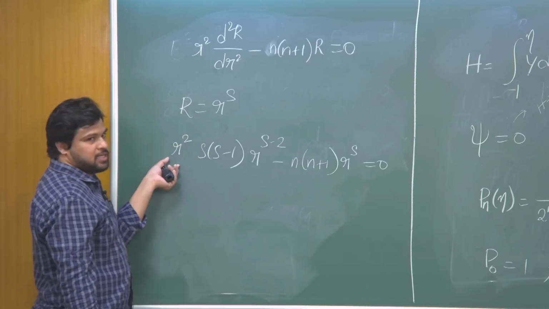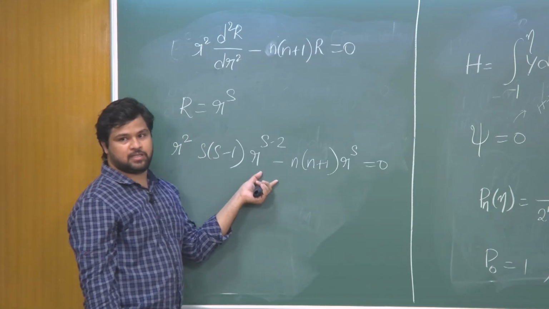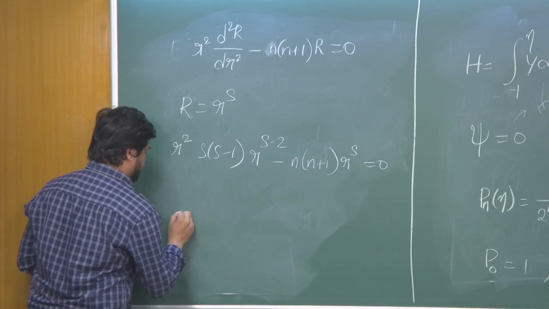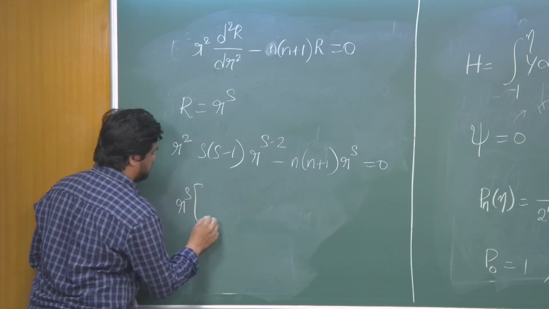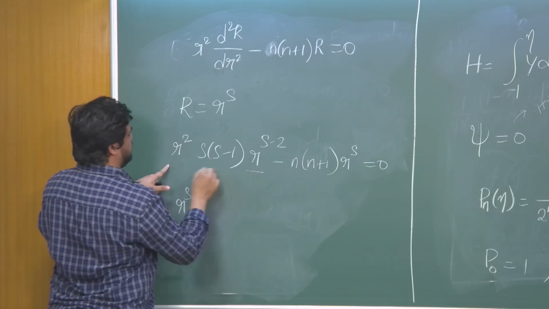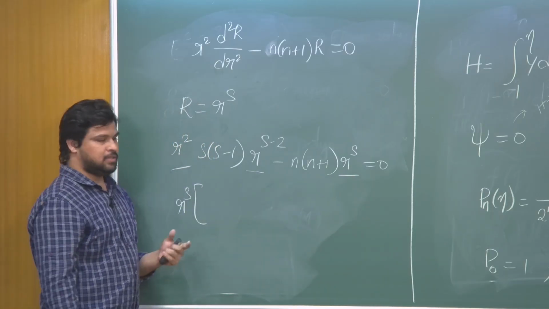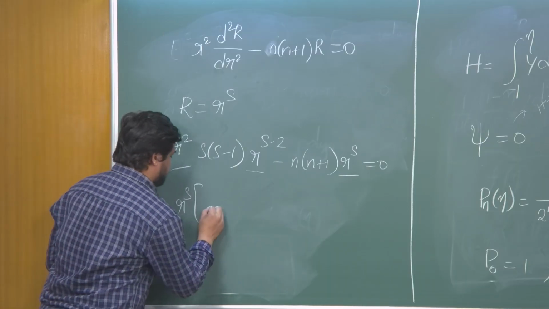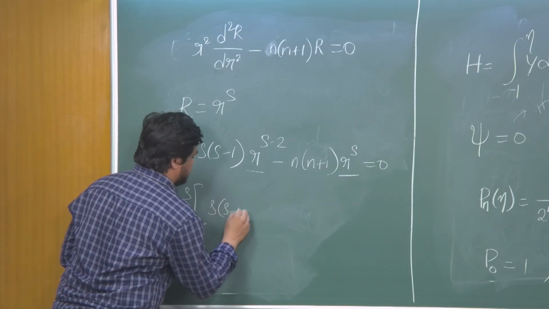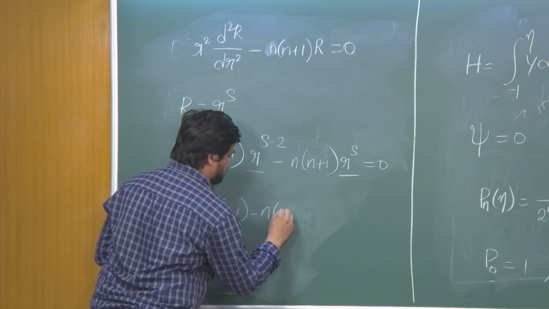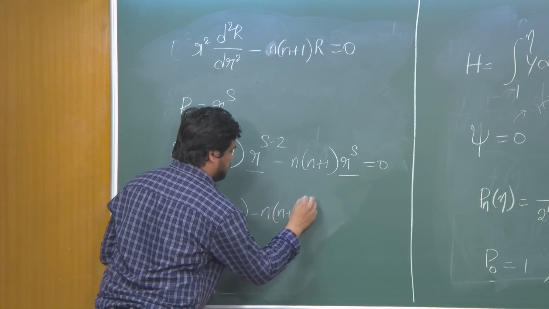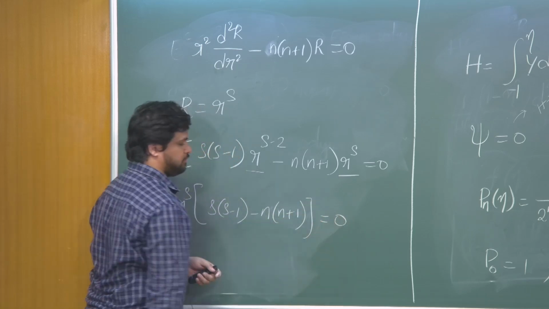There is one r square and this is r power s minus 2, so this will contribute r power s, and here also we have r power s. If you take r power s common, you end up with s into s minus 1 minus n into n plus 1 equal to 0.